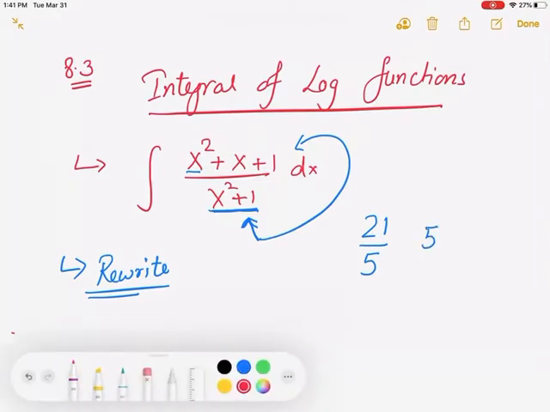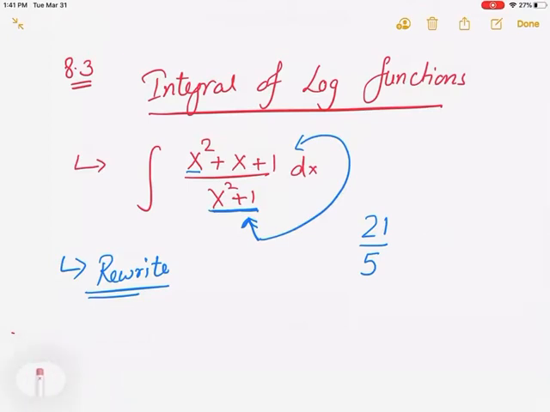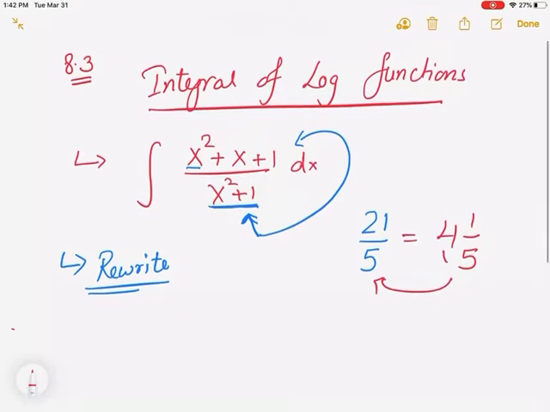I can rewrite this as this, because I know 4 times 5 makes 20, added to 1, it makes 21 over 5, which is same as the first one. So basically, this is the same approach I'll be using for this function. So I'm going to rewrite this expression into a mixed fraction.